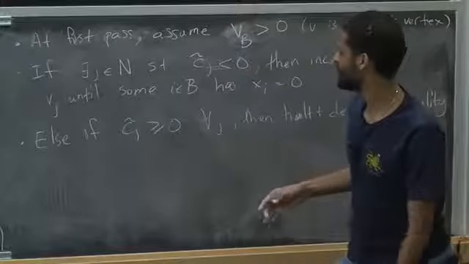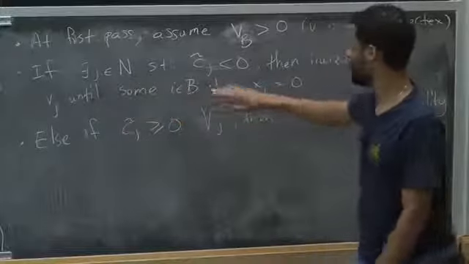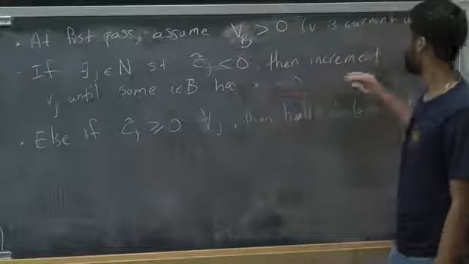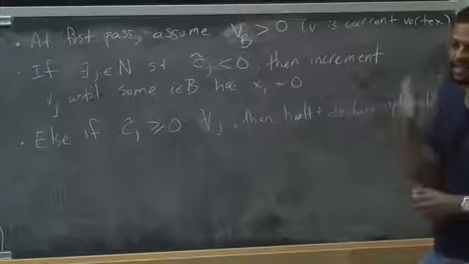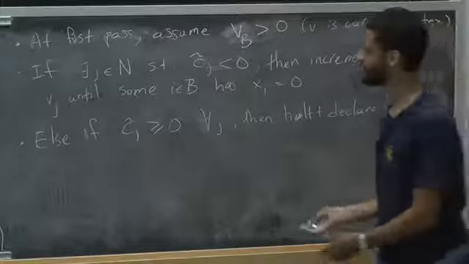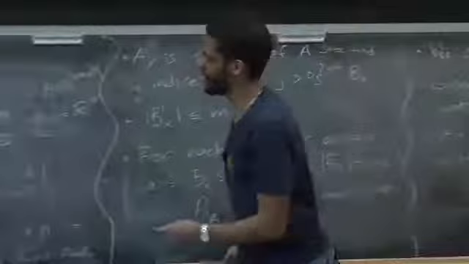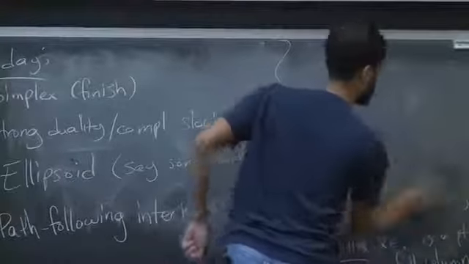In which case, there's a problem here, which is that even if there is a C tilde j which is negative, we might not be able to increment the jth coordinate at all because it might instantly saturate a non-negativity constraint. I'm not going to give the details on that, but I will tell you basically how it's fixed.